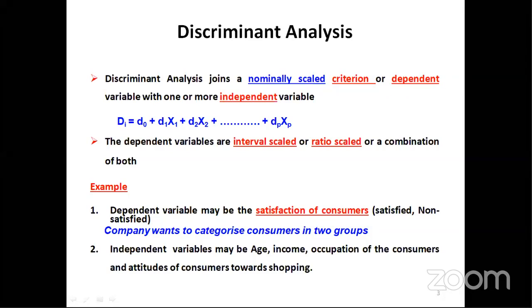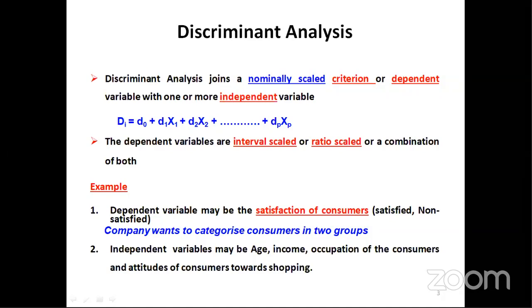The company wants to categorize all consumers into two groups on the basis of age of the consumers, income, occupation and attitudes of the consumers towards shopping. Here the objective of the researcher, the manager, the CEO of the company, is to categorize all consumers into two groups, the satisfied consumers group and the non-satisfied consumers group, on the basis of age, income, occupation of consumers and attitudes of the consumers toward shopping. So here we should apply discriminant analysis.